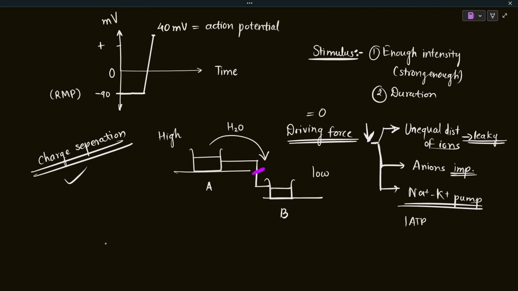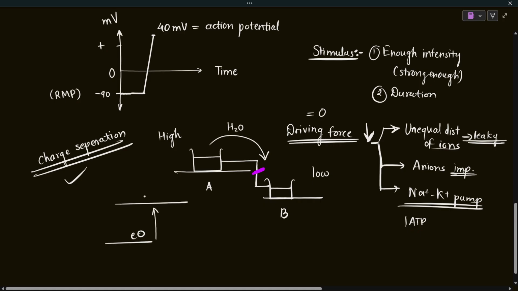Whenever an electron gets excited and reaches a higher energy state, it comes back. Let me draw it nicely. This is the ground state and this is the higher energy level state.